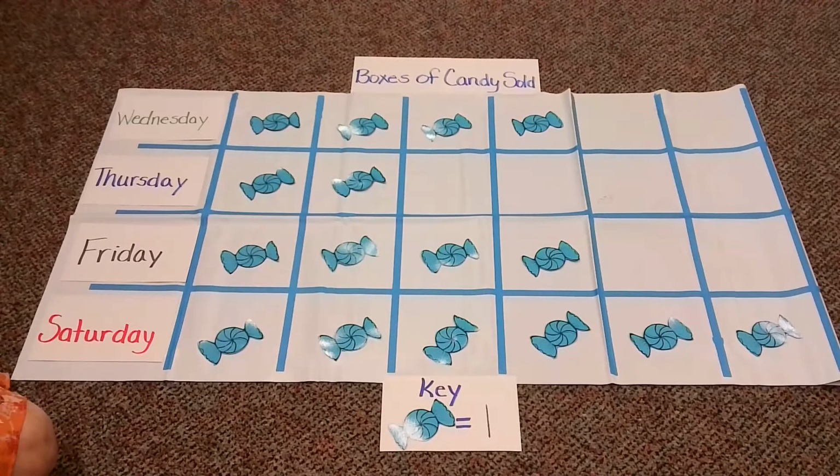So I said, where was the most sold? Sometimes you might not even have to count. You could just look with your eyes and see where the most candy pieces are. So in this case, where should your eyes be looking?